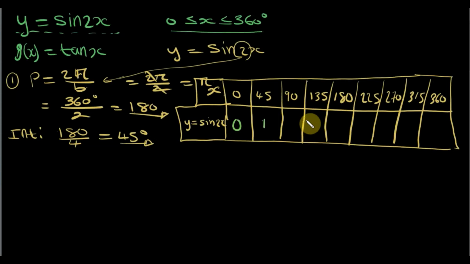Sine 180 is 0. Sine 270 is minus 1. Sine 360 is 0. Sine 450 is 1. Sine 540 is 0. Sine 630 is minus 1. Sine 720 is 0.